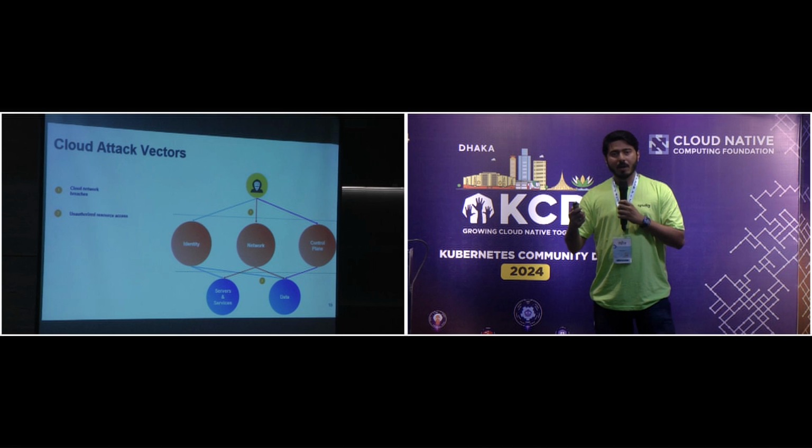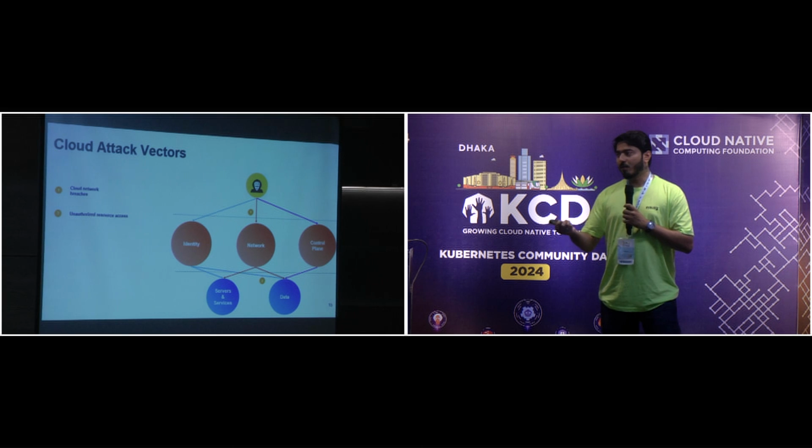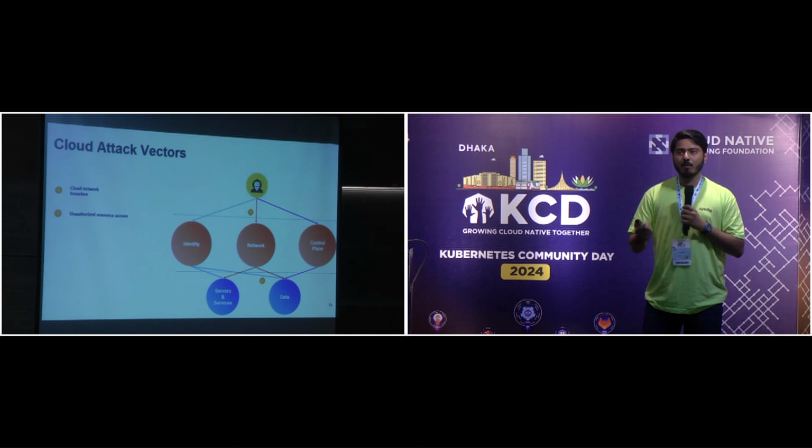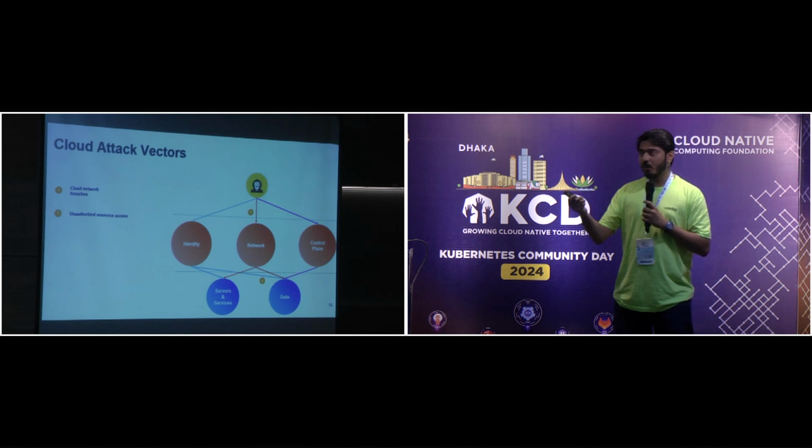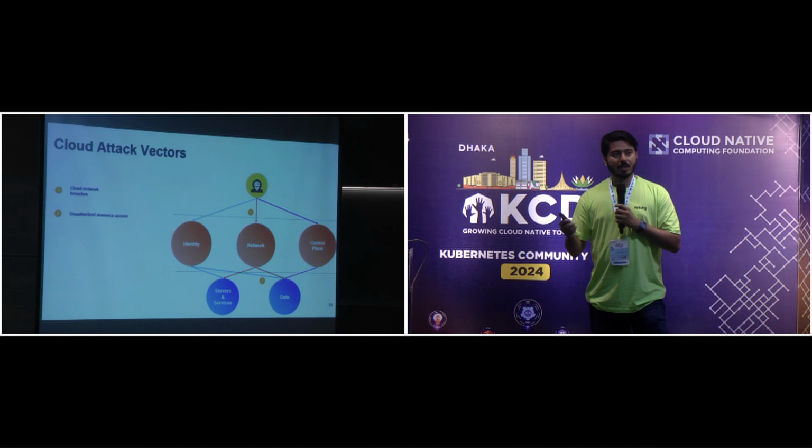Even if I do not talk about an outside attacker, if you have a user who has excessive rights or controls, and their access is misconfigured, that again is a threat to your environment. Network, of course, everyone would know the network threats which we have on premises and in cloud as well. When it comes to Kubernetes, the control plane again becomes something which can be classified as a risk.